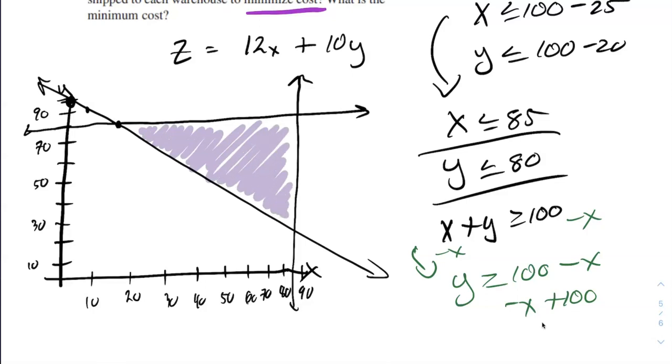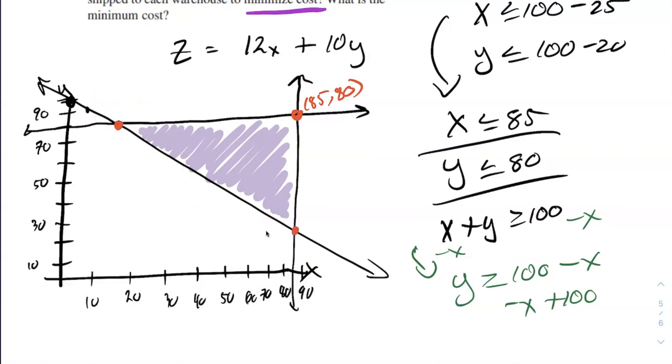Now remember the general idea here is we want to minimize costs, so we're trying to find the minimum cost here. So what I do next, I've got to find all these endpoints. One of them is super easy, right there: X is 85, Y is 80. Done. Now to find the ones on the slanted line, we know some information.